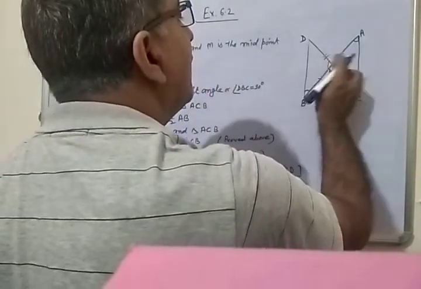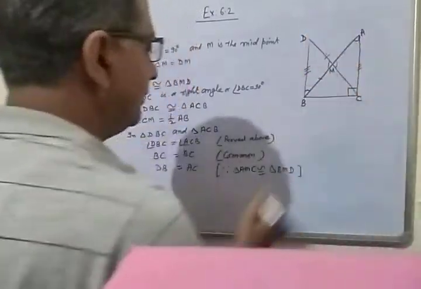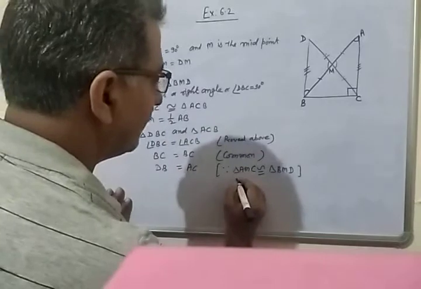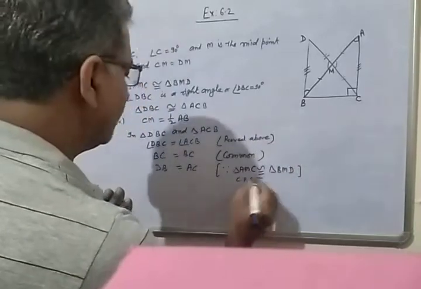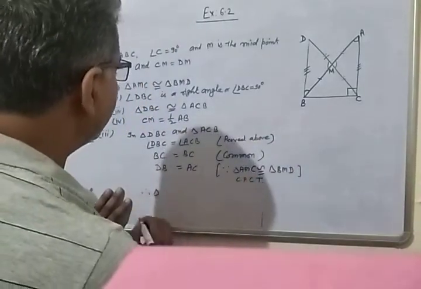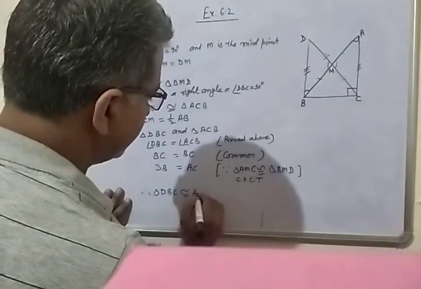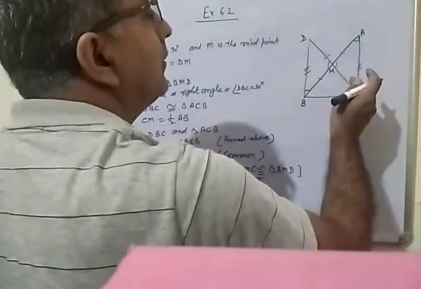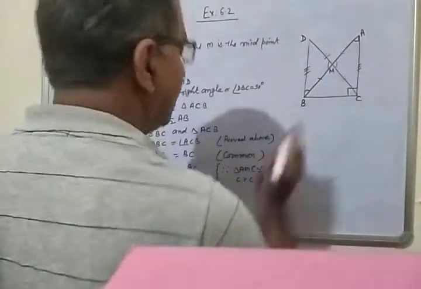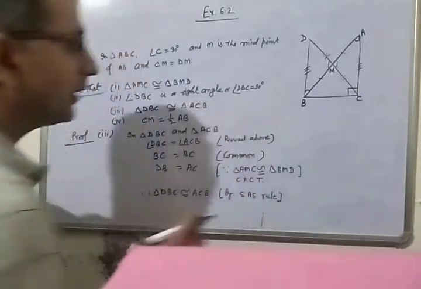If these triangles are congruent, then corresponding parts, this one will equal this one by CPCT. So the triangles will be congruent. Triangle DBC and triangle ACB will be congruent by side angle side, SAS congruency. This one is the third part.